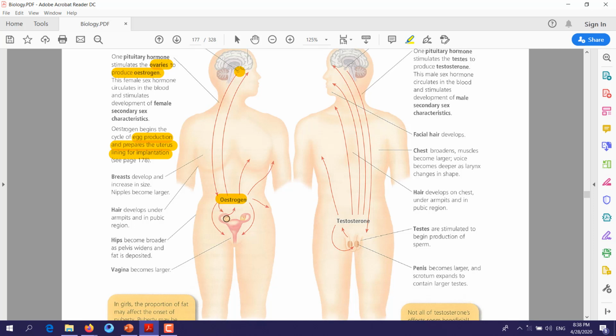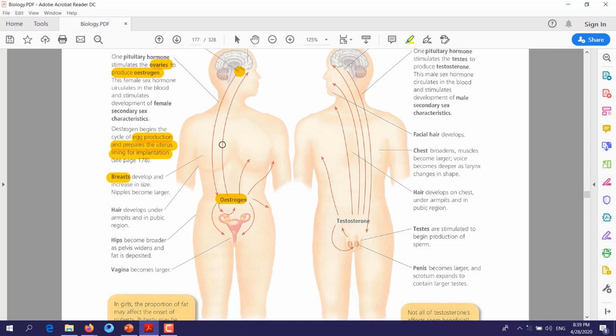To produce the egg. And at the same time it will stimulate the uterus to prepare itself for receiving the egg. Then another characteristic, which is breasts.